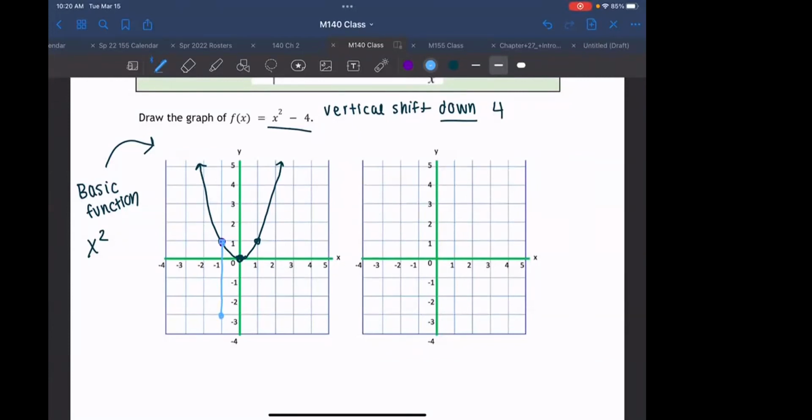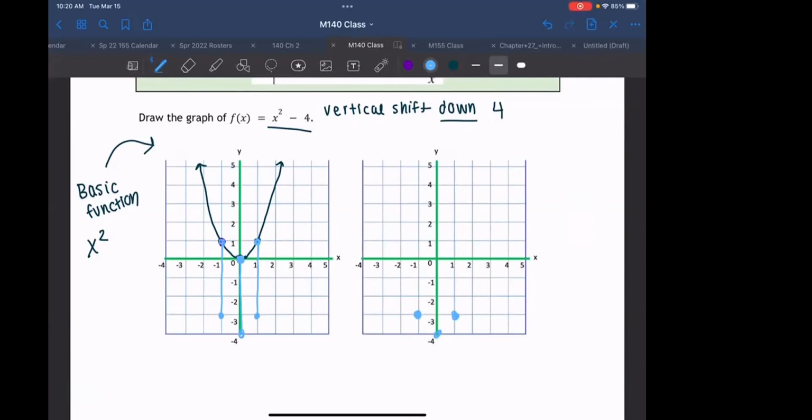So -1, -3 is one of my new points. I'm going to take my second point, the 0, 0, and move it 1, 2, 3, 4 down. Then I'll move the rightmost point 1, 2, 3, 4 down, and my new point's going to be over here.